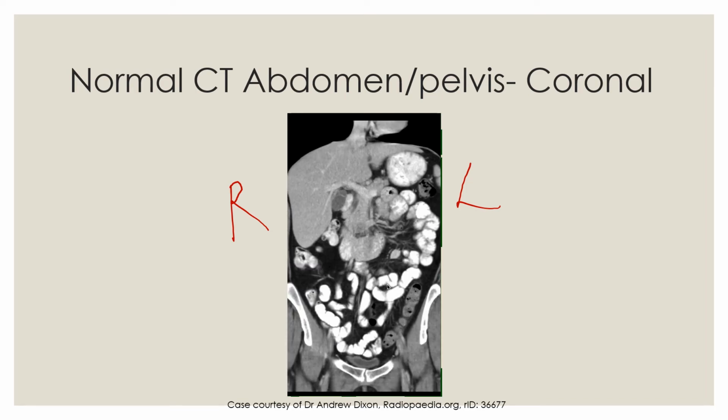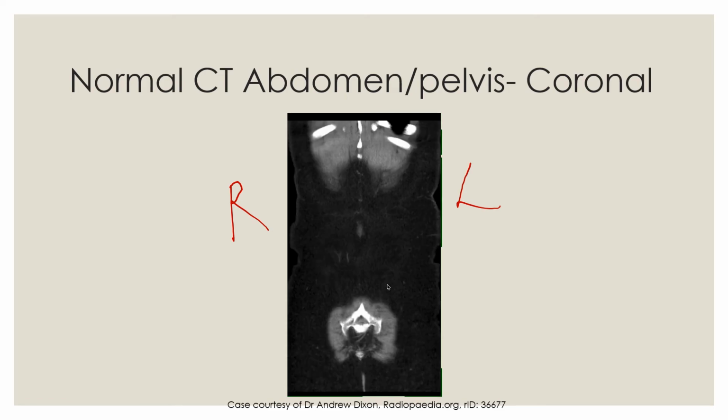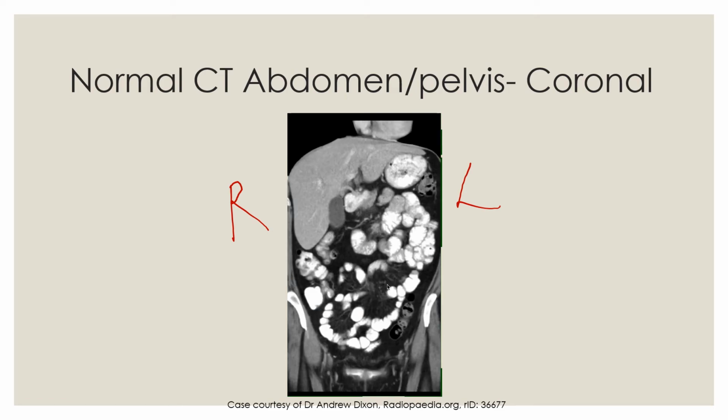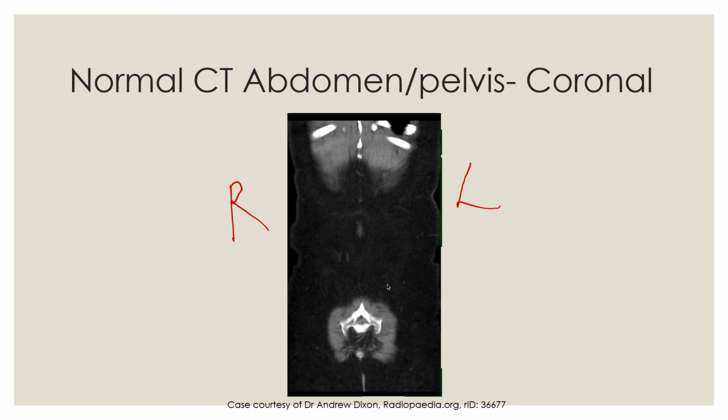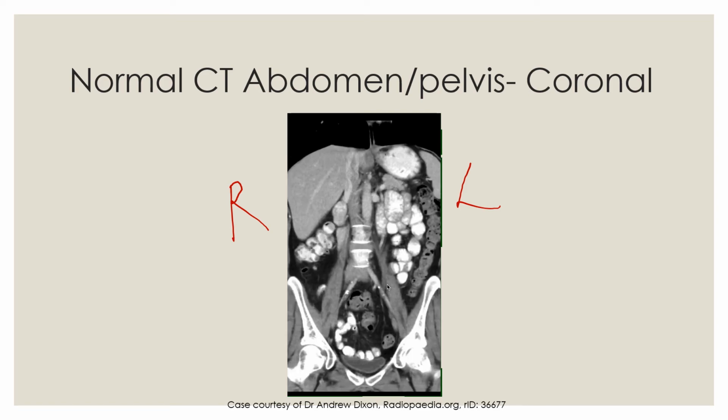And then you can see loads and loads of loops of small bowel, which are normal in caliber and contain high density contrast material. And what we can also see here is our bladder, which we weren't able to see before.